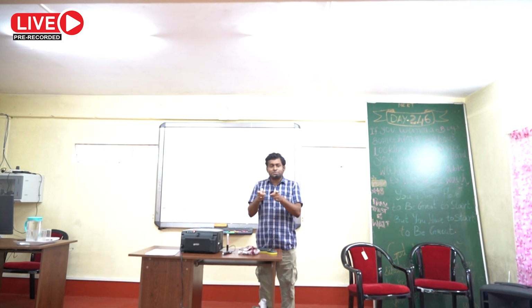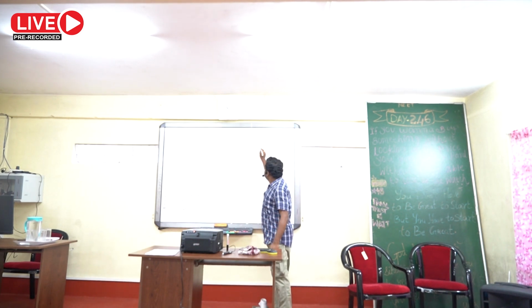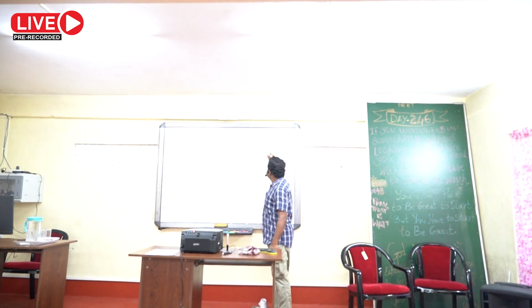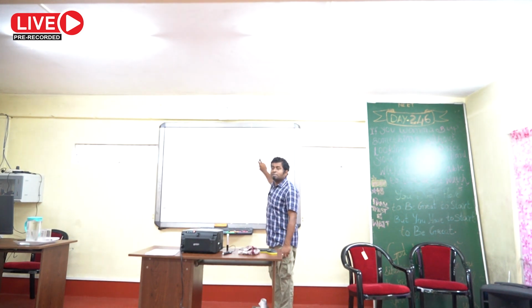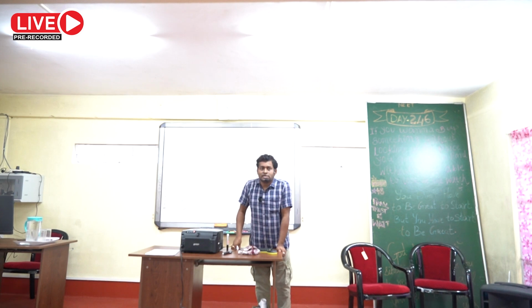So two successive sounds means n should be 1. So put n equal to 1. Then it will become 1 by T1. So this is the time gap between two successive loud sounds. Time gap between two successive loud sounds means the time period of hearing loud sounds.